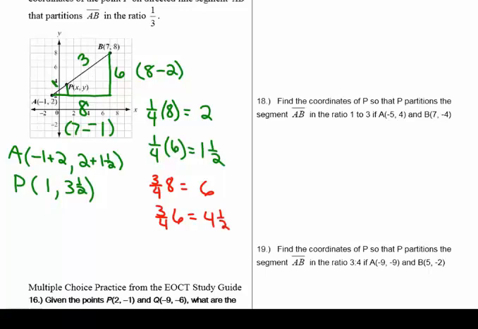Okay, and so if we were to add that to our P, so here's point P, and we're going to take 1 plus the 6, and then 3 1/2 plus 4 1/2. That's going to give us 7 and then 8, which is point B. So we know that we have partitioned segment AB correctly in the ratio of 1 to 3.